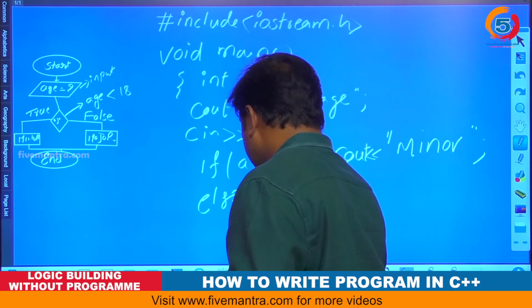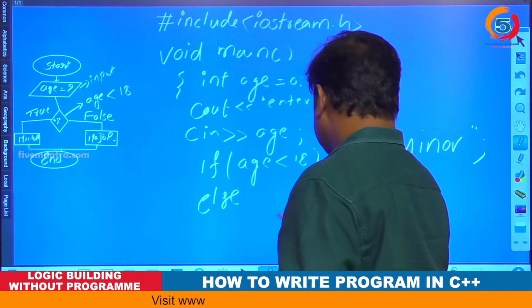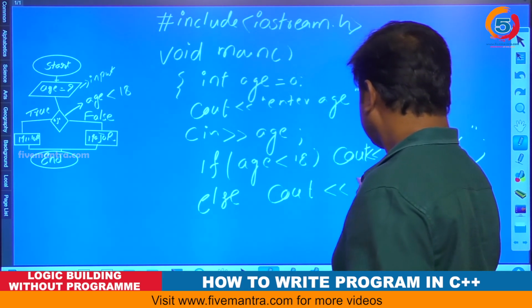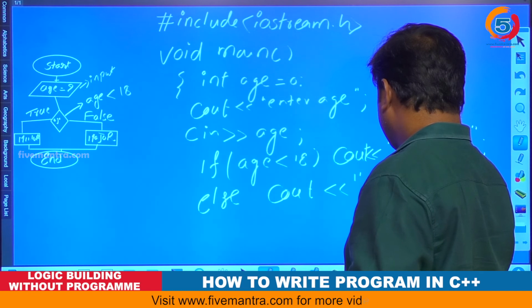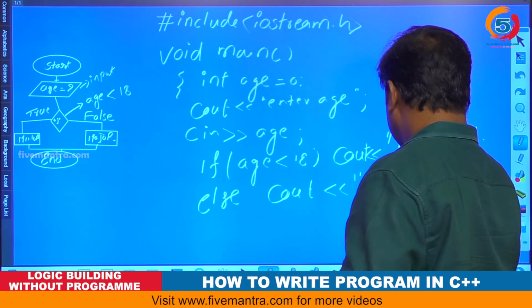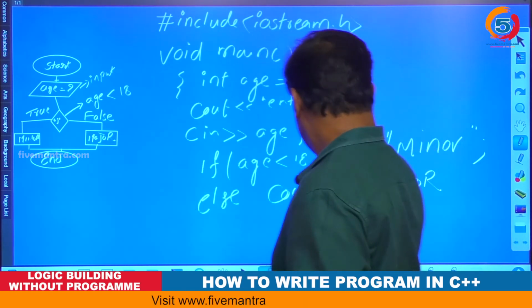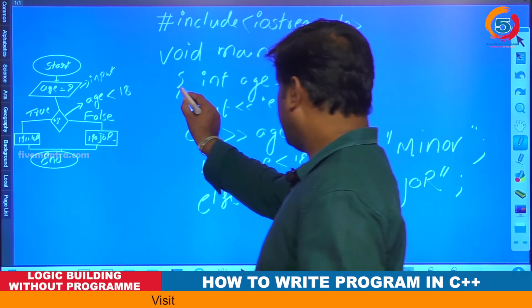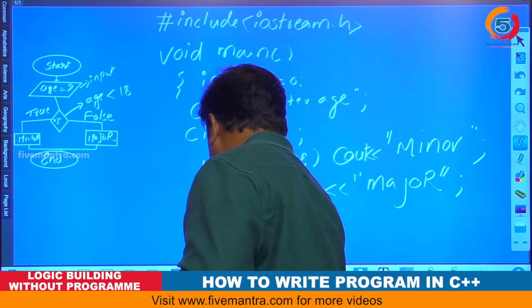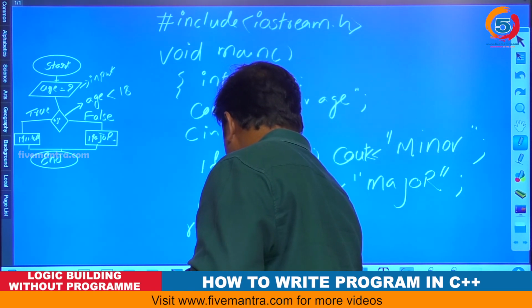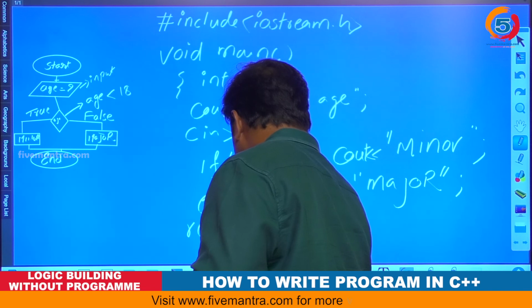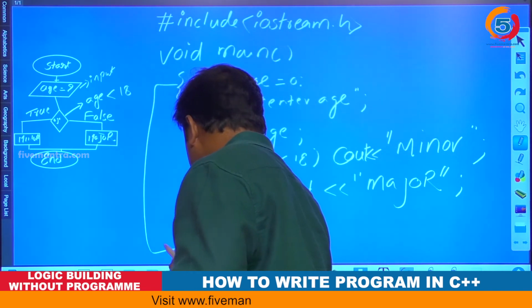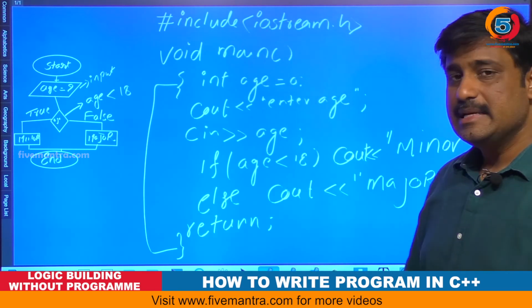Else, cout major, right? This is the major, right? Okay, major, semicolon, over. And after that I must return nothing. The return statement is very, very important in C++, and I must end with the curly bracket. This is the C++ program.